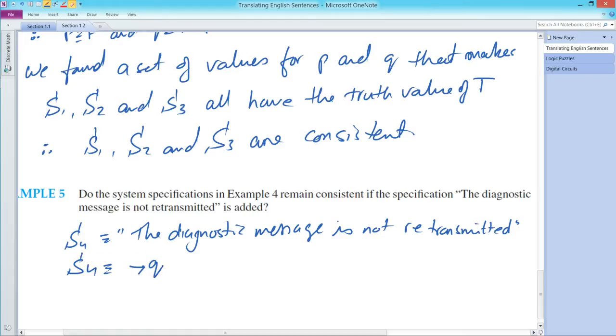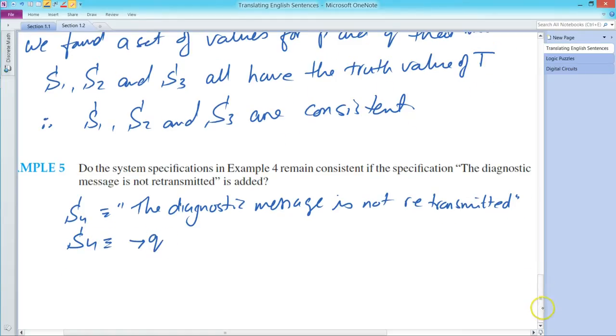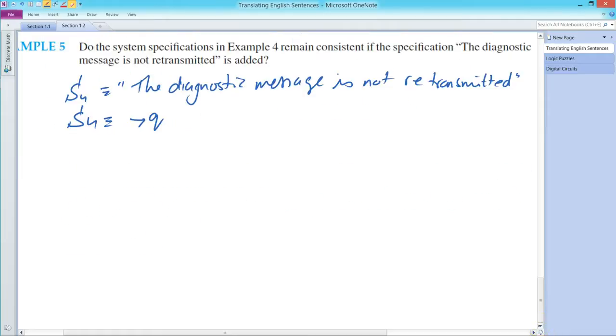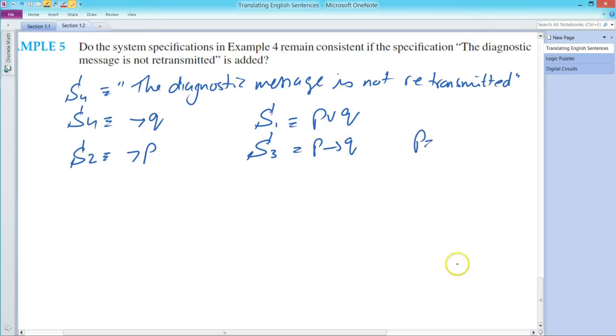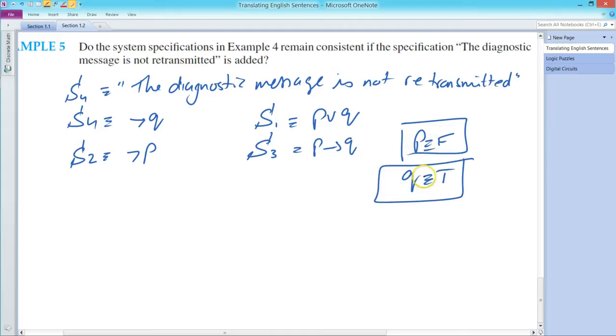Now let me just rewrite the other statements here again, just so that we can continue with the solution of this. If you recall, statement number 1 was P or Q. Statement number 2 was not P. Statement number 3 was P implies Q. And we have seen previously that P equals to false and Q equals to true makes the first 3 to be true.